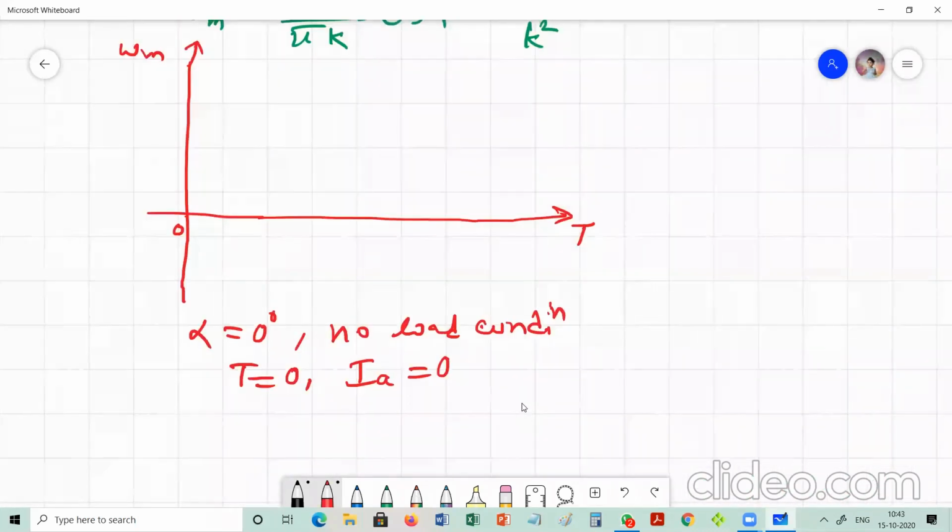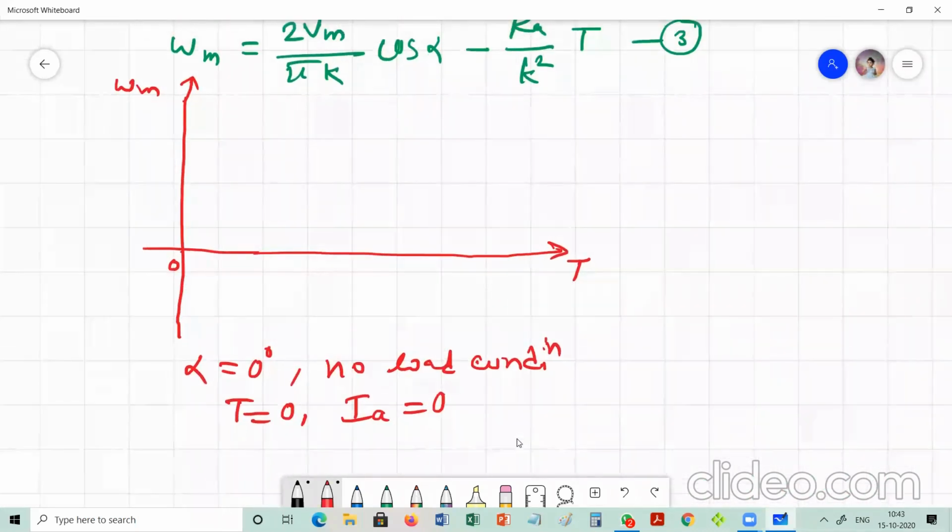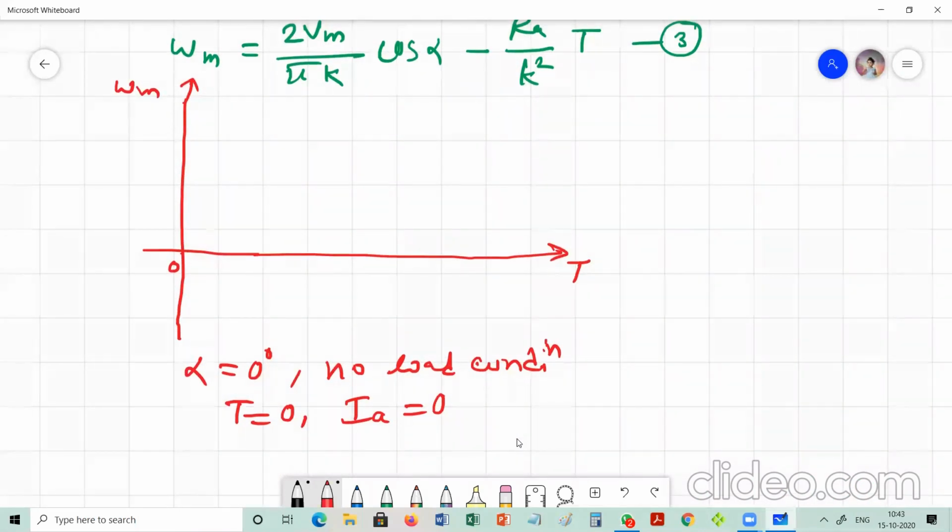So the equation will be like this. From equation 3, omega m will be equal to 2Vm by pi k into cos of 0 degree, minus Ra by k square into T. Ra by k square into T is equal to 0.